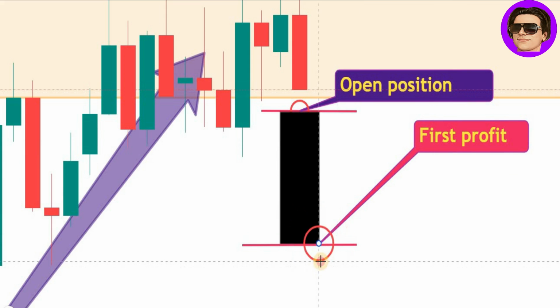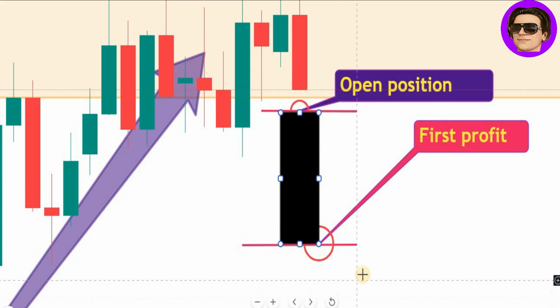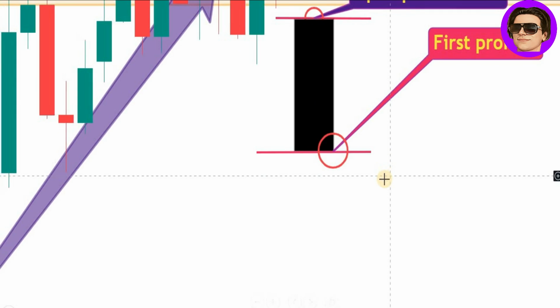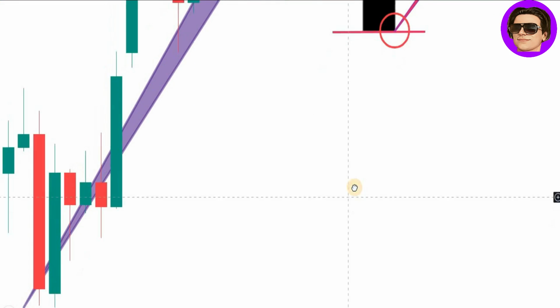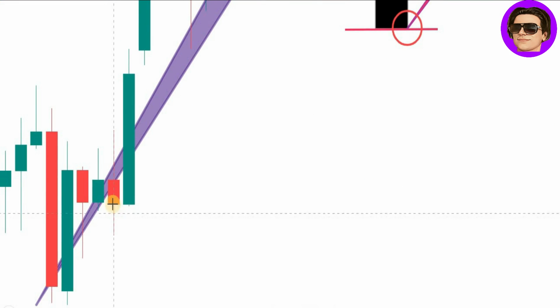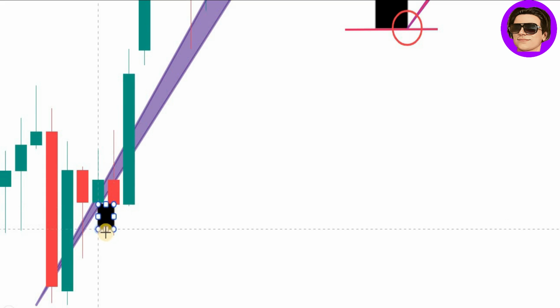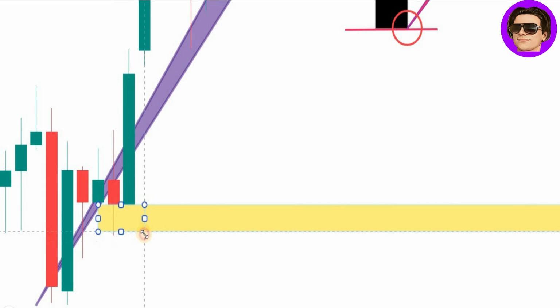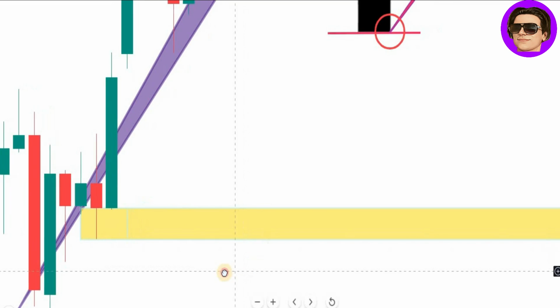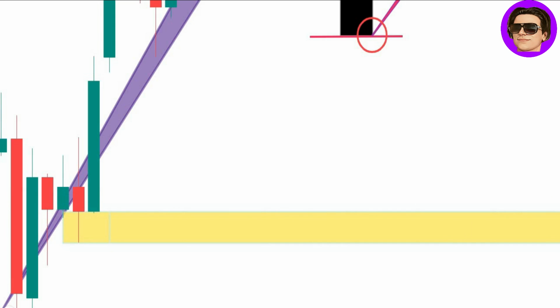This point is a first profit, and next profit is a local support. This point, this point, this point is a local support. Local support is a best profit, is a good profit.